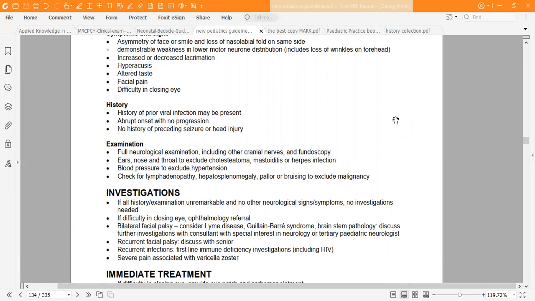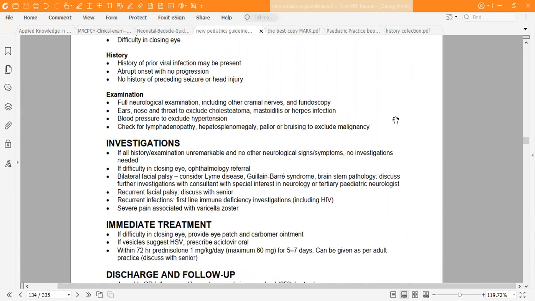It's sudden in onset and there's no progression. It just happened, that's it. It doesn't get worse over time. No history of preceding seizure or head injury.